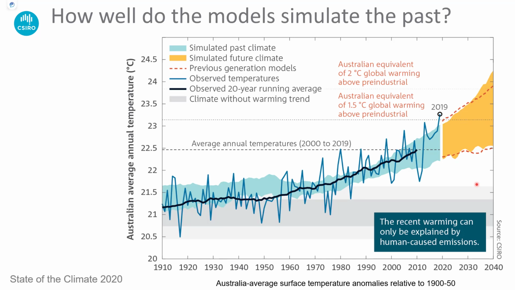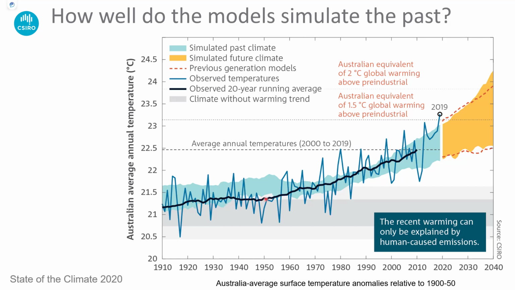If we use the climate models to simulate the climate of the 20th century, as is shown on the bulk of this plot, then we can see how the climate model results for the 20th century compare to the actual observed results from all of the weather recordings. And this is for Australia, this particular plot, and the blue line that goes up and down shows the annual average temperature for Australia.